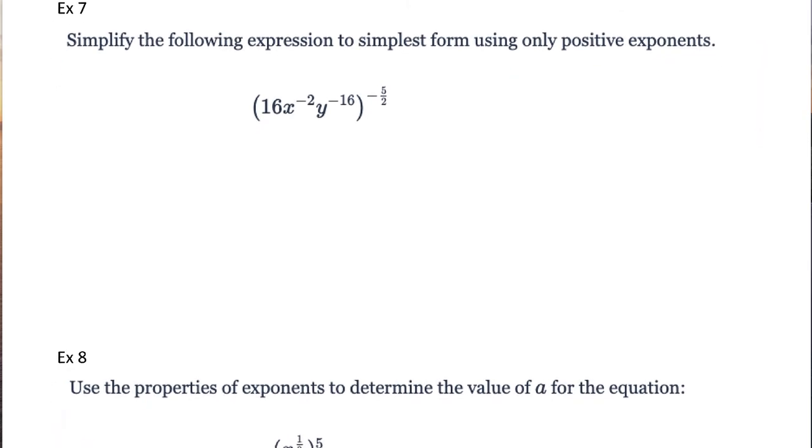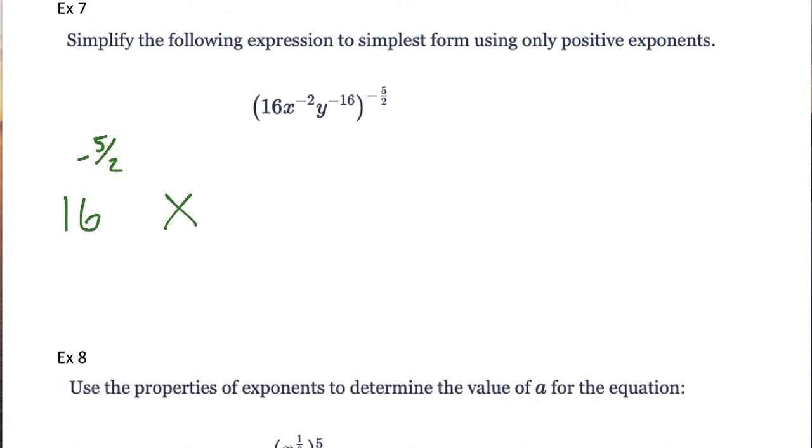Simplify the following one using positive exponents. Here's where I might have you use a calculator on the number part of it. So on this one, we have 16 to the negative 5 halves x.